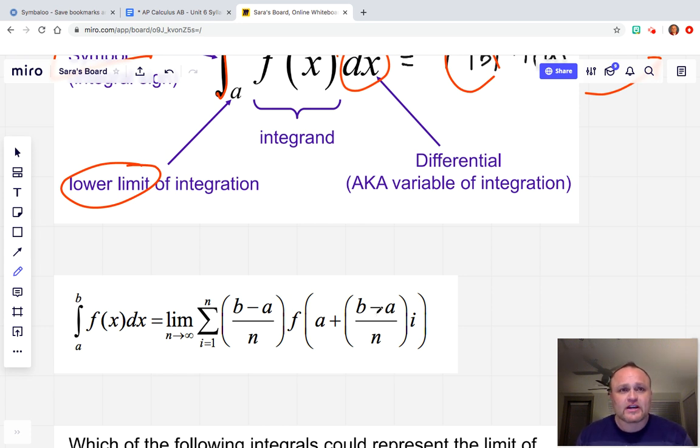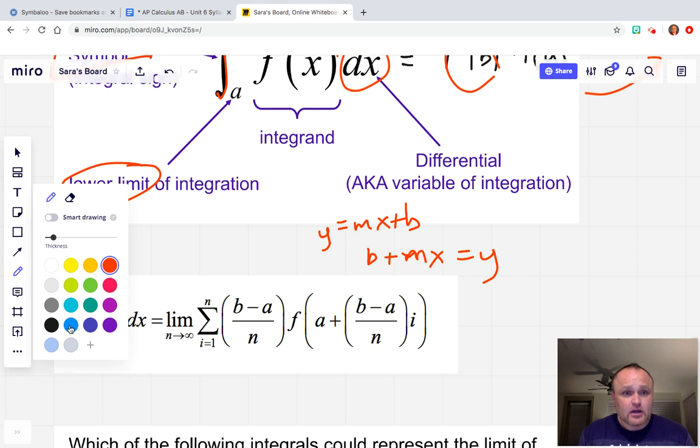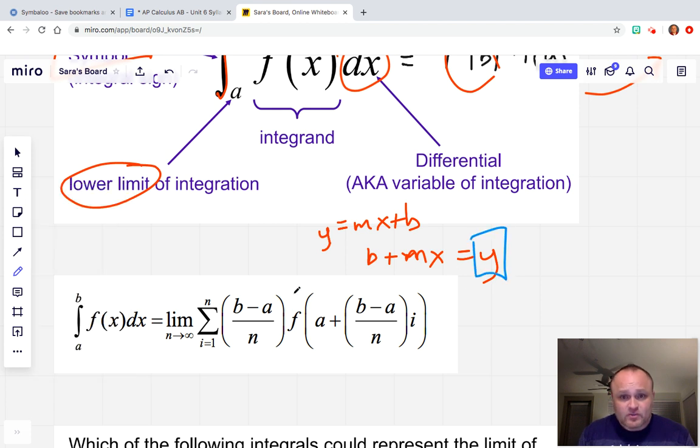So what I want you to see is, back when we learned y equals mx plus b, b is where we started. So if I were to rewrite this as b plus mx is equal to the y, this y value is what I was trying to show you just moments ago.